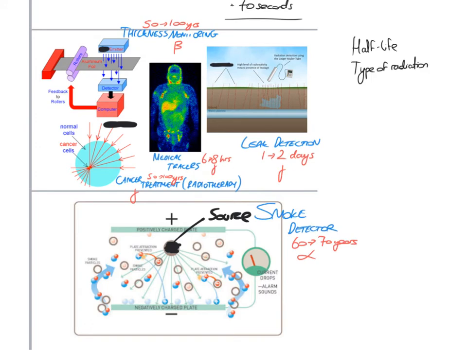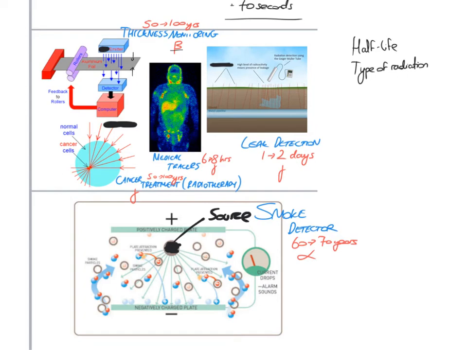So really, you want thickness monitoring, because thickness monitoring and cancer treatment equipment you want to last for a good amount of time. I would say between 50 to 100 years half-life would be suitable. You don't want your source running out and need to be replaced all the time. You want beta for this thickness monitoring because aluminium foil is a suitable material to look at the thickness of, given the penetrating characteristics of beta.